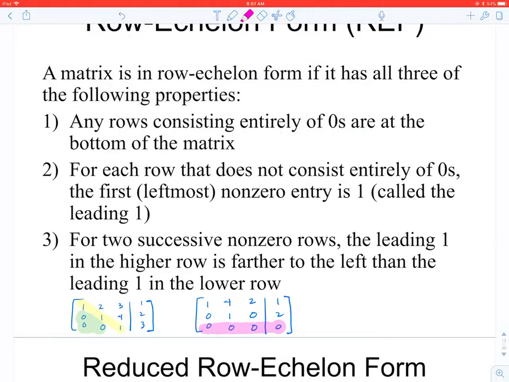Our diagonal is ones, right? We have leading ones. And then the bottom triangle is zeros. So both of these are considered to be in row echelon form.